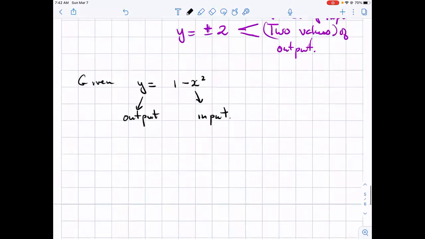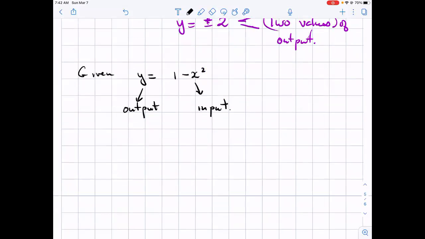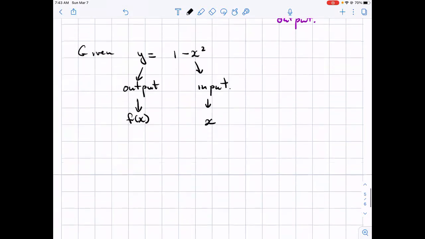Now, because we're talking about functions, we want to represent the output as f of x. The input is still x. So the new equation that we'll be working with is f of x is equal to 1 minus x squared. This is where we have function notation.